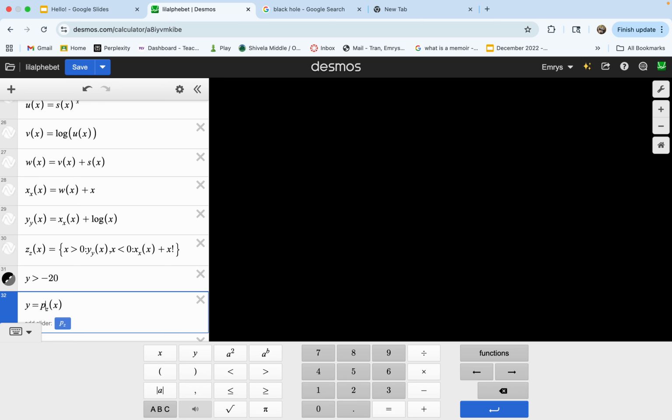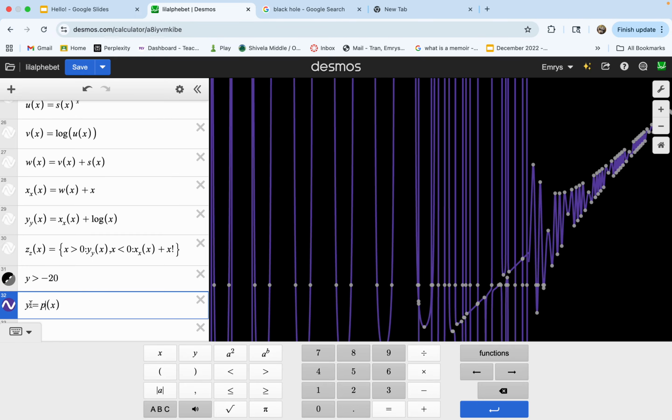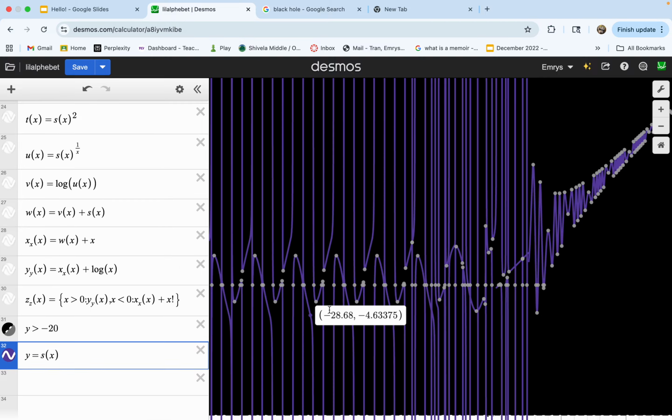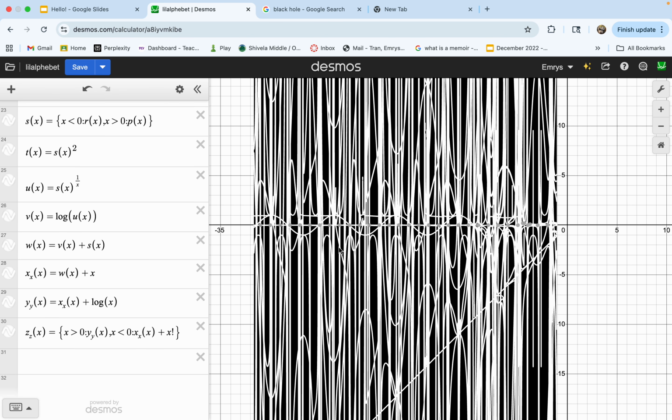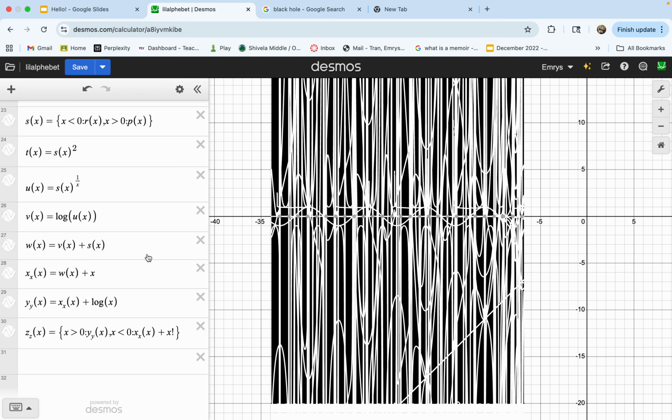Personally, my favorite is like P of X. It follows this pattern, or S of X, which I really like. End result looks like this. You could obviously see some cosine waves and some extending pattern waves with factorial being used a lot.